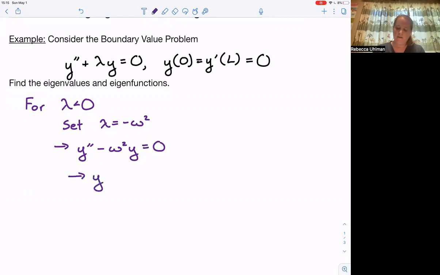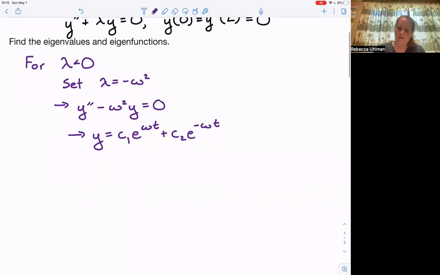And this has general solution y equals C1 e to the omega t plus C2 e to the negative omega t. And we have y prime equaling C1 omega e to the omega t minus C2 omega e to the negative omega t.